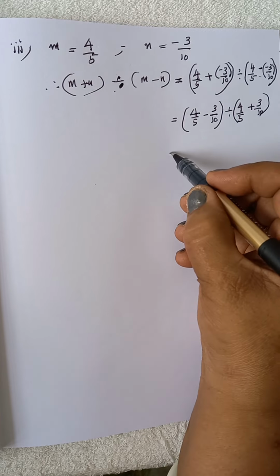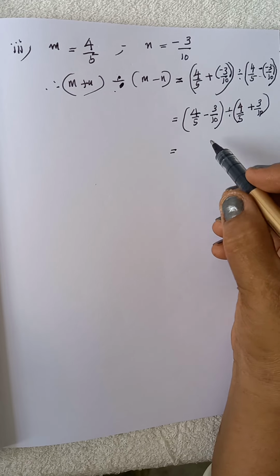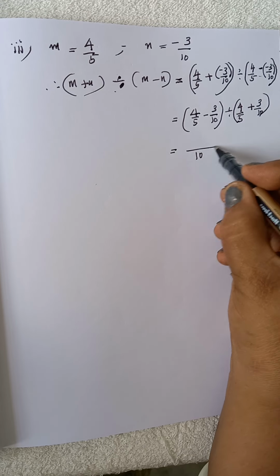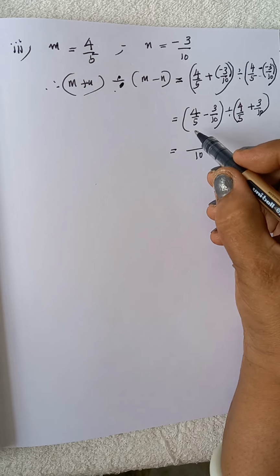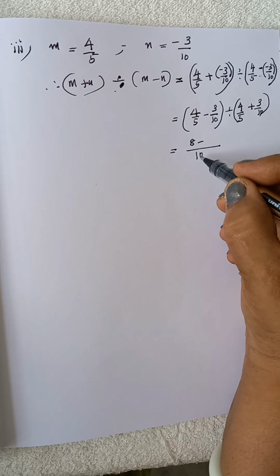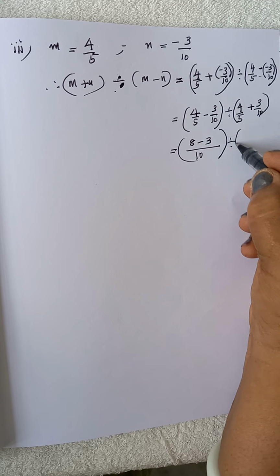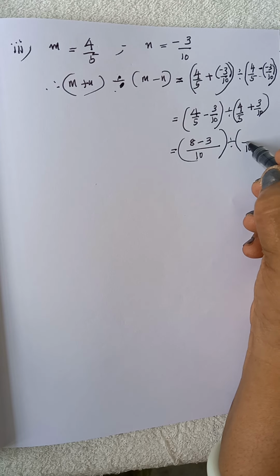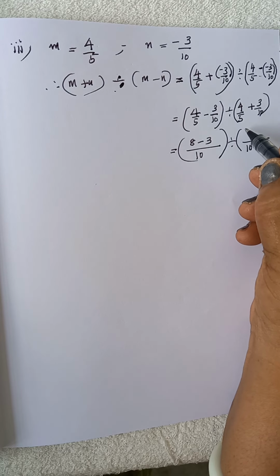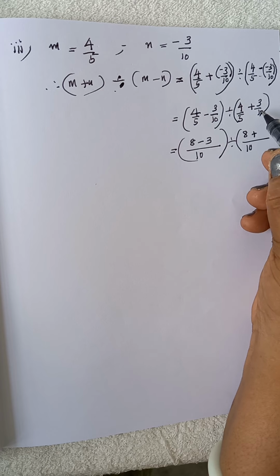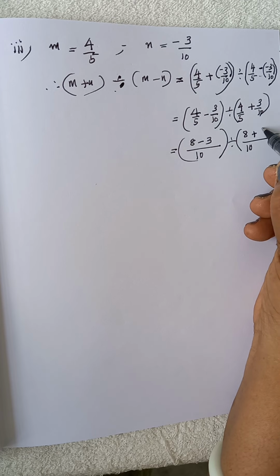Now this is equal to LCM of 5 and 10 is 10. So 10 by 5 is 2, 2 into 4 is 8 minus 10 by 10 is 1, 1 into 3 is 3, divided by, here also LCM is 10, 10 by 5 is 2, 2 into 4 is 8 plus 10 by 10 is 1, 1 into 3 is 3.